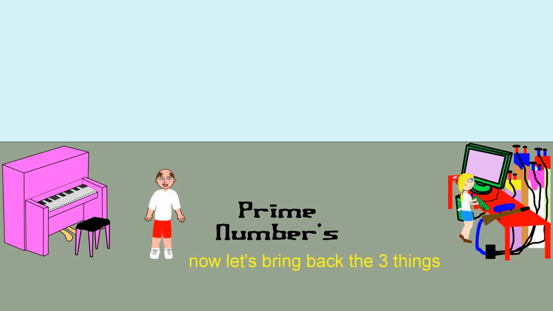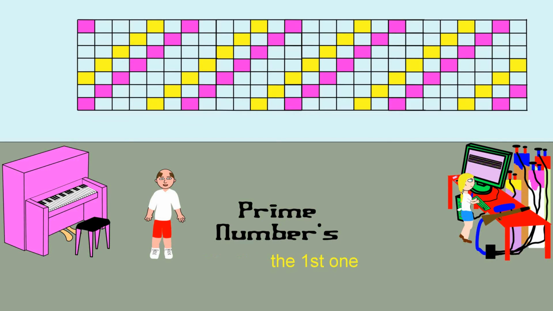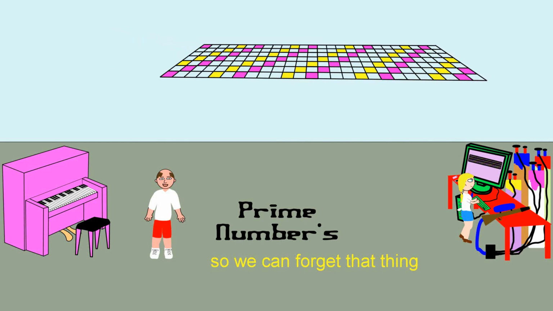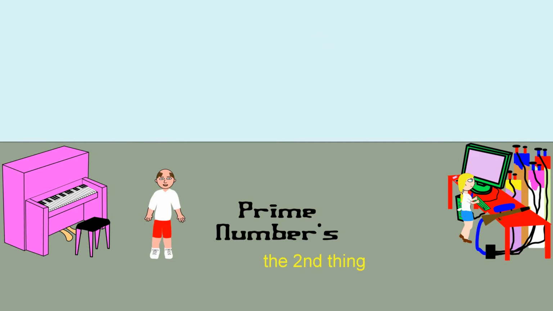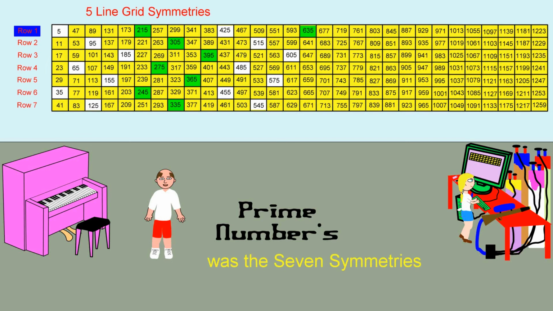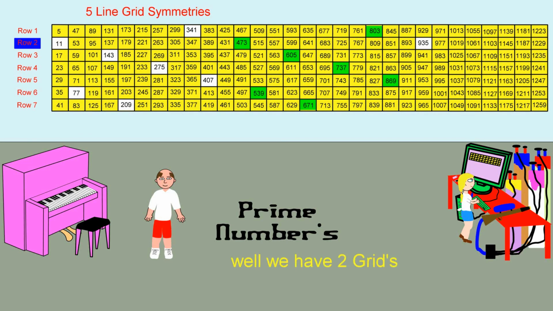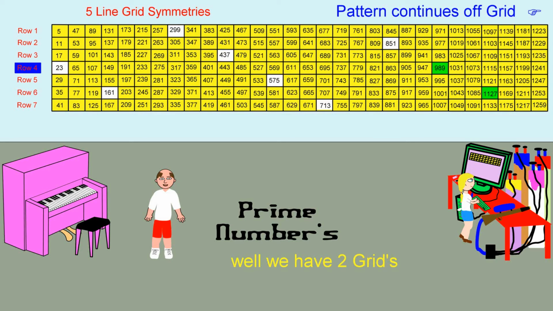Now let's bring back the 3 things I showed you in the beginning. Can you remember any of them? The first one was the 5 line and the 7 line. But they are no longer lines. They are grids now. So we can forget that thing. The second thing was the 7 symmetries. Well, we have 2 grids.